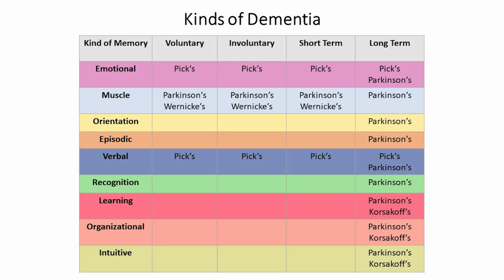So we'll divide this one into its two parts on our chart to reflect the fact that it changes character over time. We'll separate Wernicke's from Korsakoff's. What I've done is place Wernicke's in the cells for voluntary and involuntary short-term muscle memory. And I've placed Korsakoff's in the cells for long-term learning, organizational, and intuitive memory.